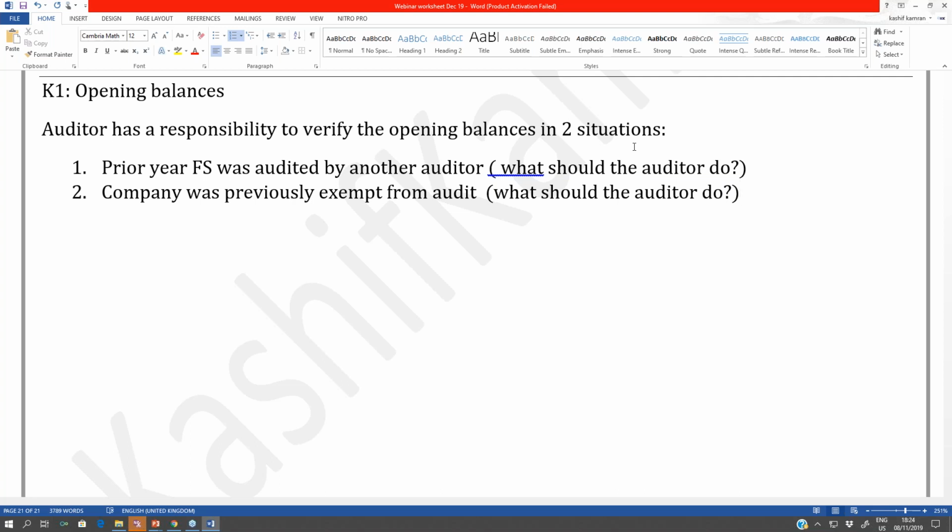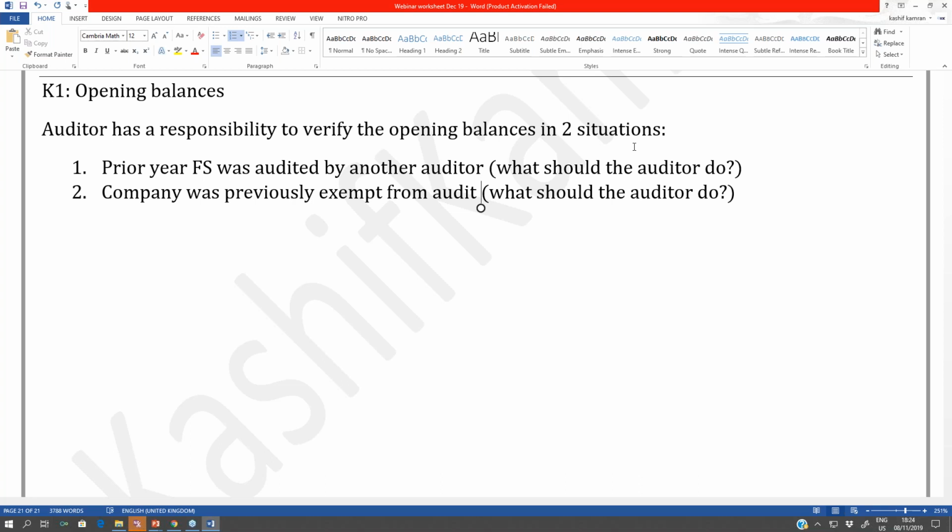Now, once you realize that you should have the knowledge about the two situations in which the opening balances need to be verified, and any one of those situations can be tested in the exam papers, you will be preparing yourself for that. And obviously, you will go to the textbook and find the answer.